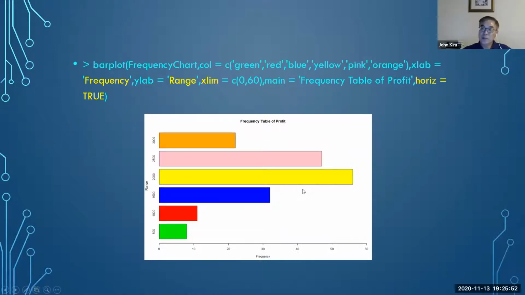Okay, now to draw charts horizontally, we use this function, horiz equals true. Then we can draw this bar chart like a horizontal bar. Be careful: when we change from vertical to horizontal, the y-axis and x-axis names change like this.